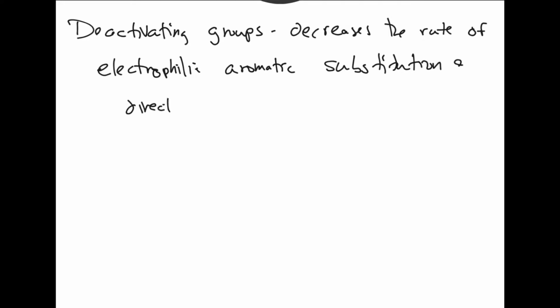And directs meta. These are going to be electron withdrawing groups.